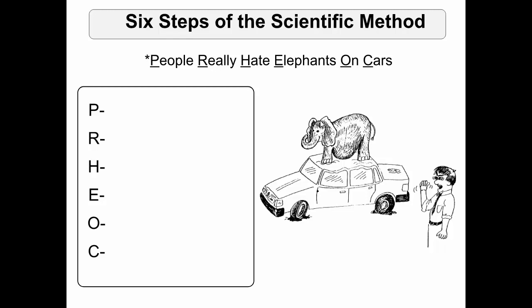So the P. Anyone have any idea what the first step might be? This one sometimes you might think you know, but maybe not. Dan? Problem? Yeah, it's the problem step. Okay, the problem. I'm not going to explain them really right now. I just want to list them. Anyone know what the R might stand for?